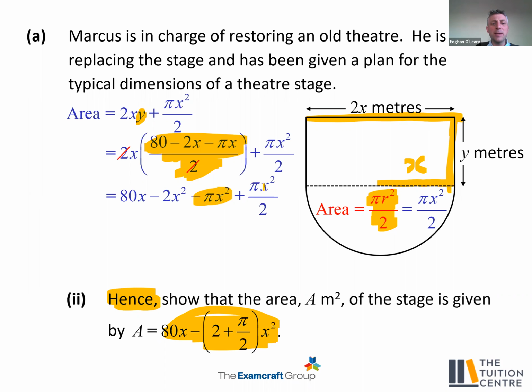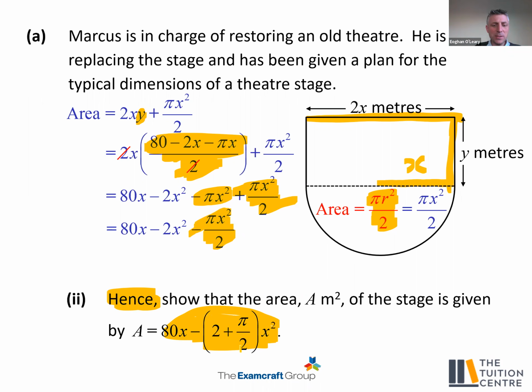So you could imagine if we had minus p and then plus p over 2, you'd end up with minus p over 2 because it's minus 1 plus a half. So in this case we're going to end up with 80x minus 2x squared minus pi x squared over 2, because minus pi x squared plus pi x squared over 2 will give you minus pi x squared over 2.